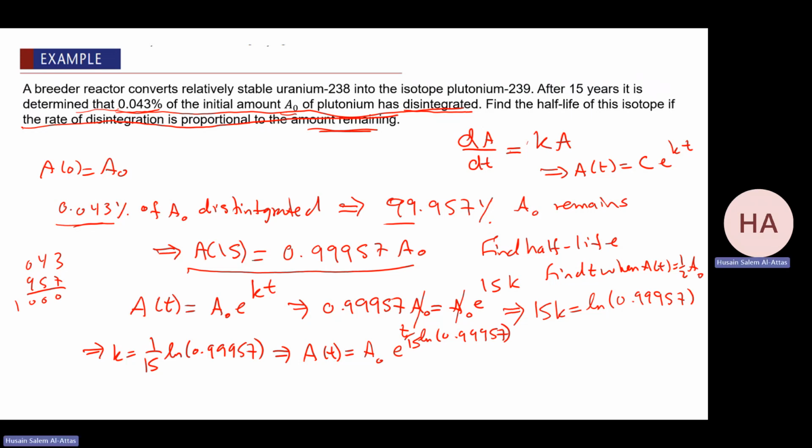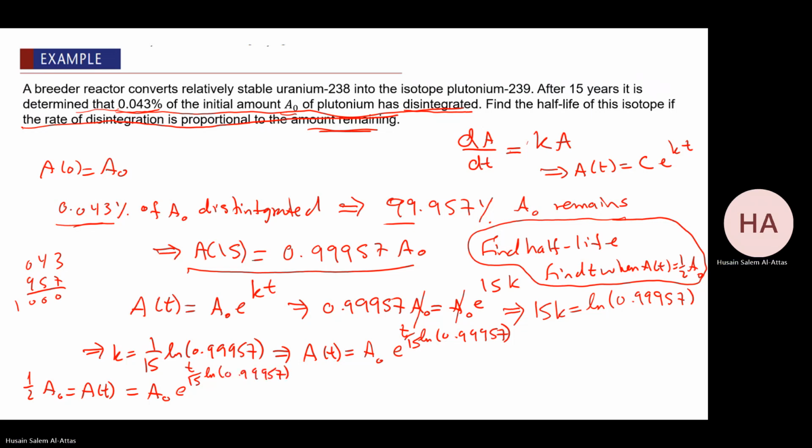Okay. Now we need to check half-life. Half-life means what? When A of T equals half A0. So I have half A0 equal A of T, which is A0, and I need to find the time. T over 15 ln 0.99957. Okay, A0 cancelled. Take ln. So you have ln half equal T over 15 ln 0.99957.